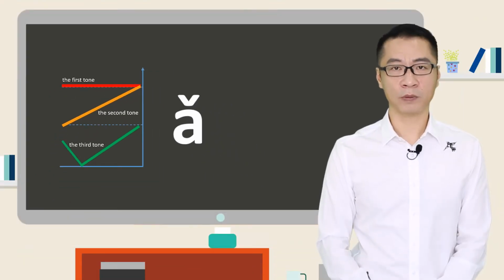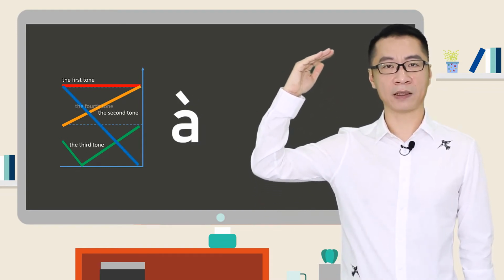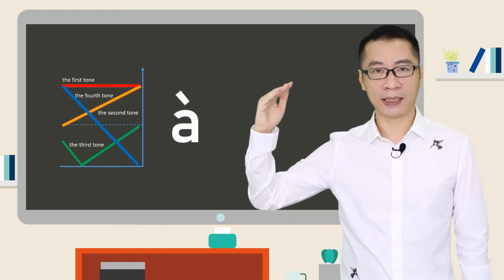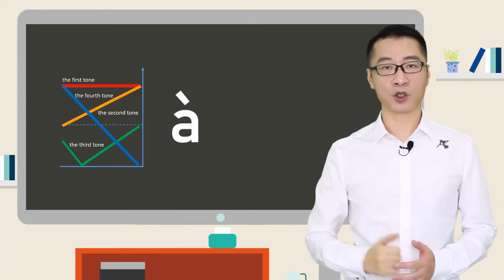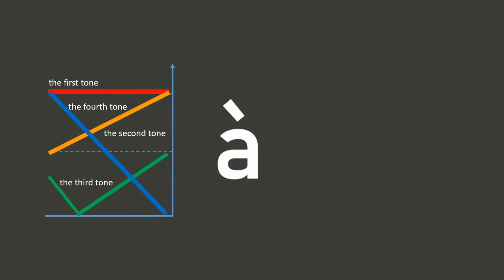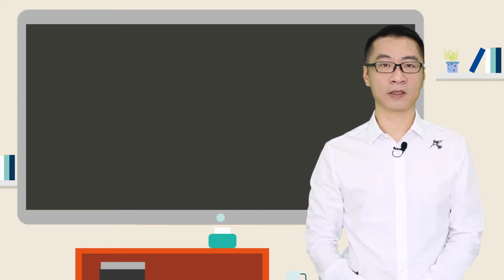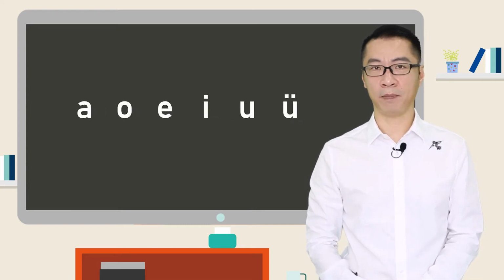The fourth tone begins at the top of your comfortable range and proceeds quickly to the bottom. It's short and sounds as if you are beating a stem. You got it? Okay, let's look at the vowels in Pinyin.